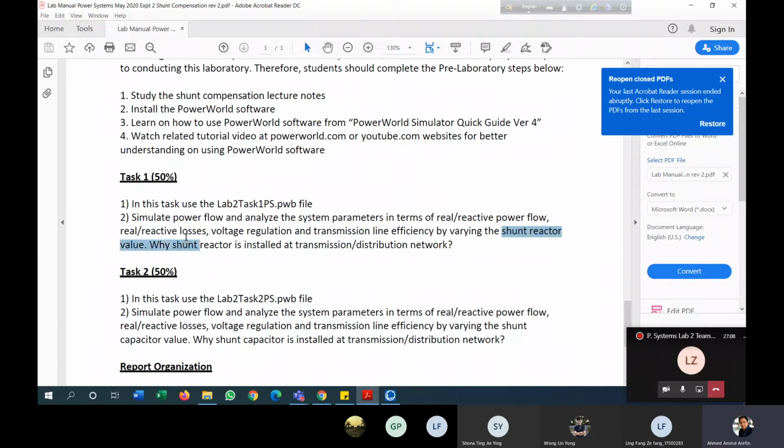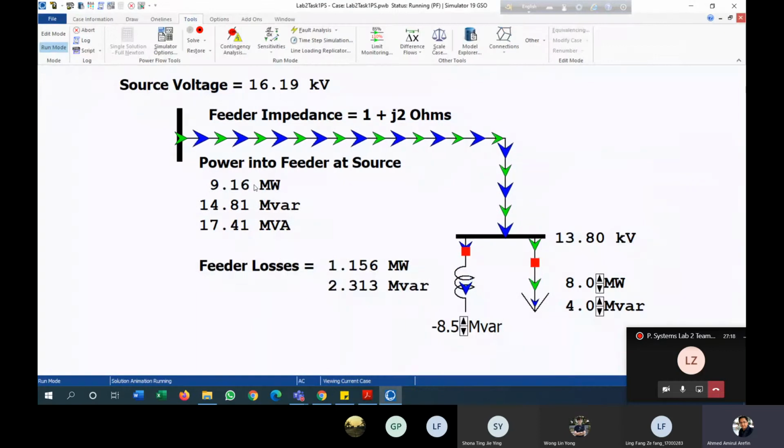Once you are varying the shunt reactor value, you need to analyze the real and reactive power flow and the losses. So this is basically the real power, reactive power and the apparent power, which is going through the transmission from sending end to receiving end.